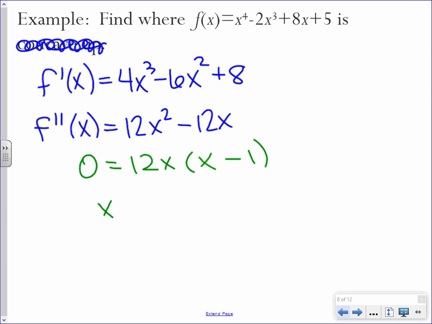Cole, what are our possible points of inflection? 0 and 1. So we have a second derivative number line with 0 and 1.